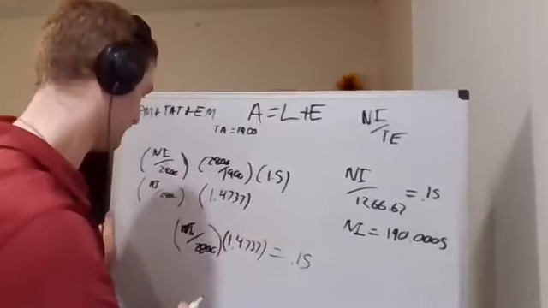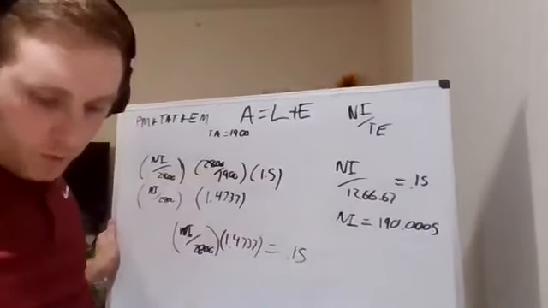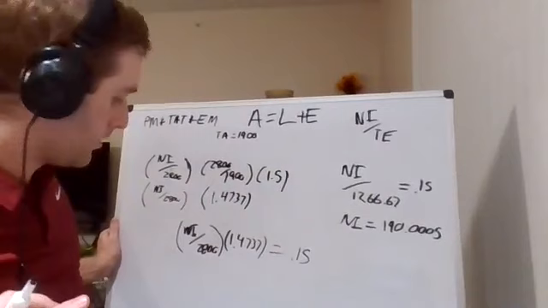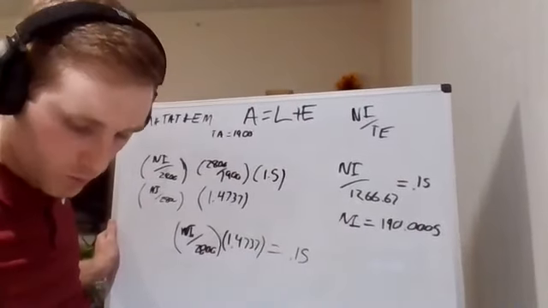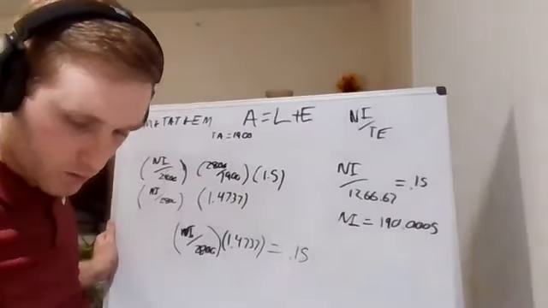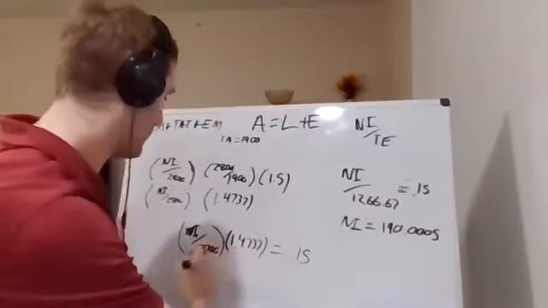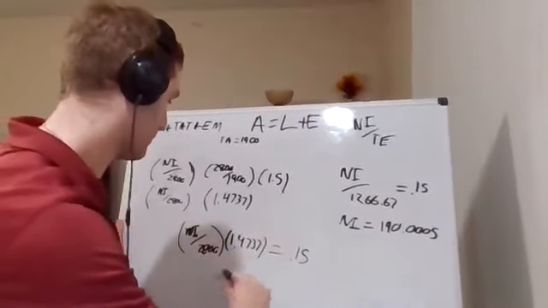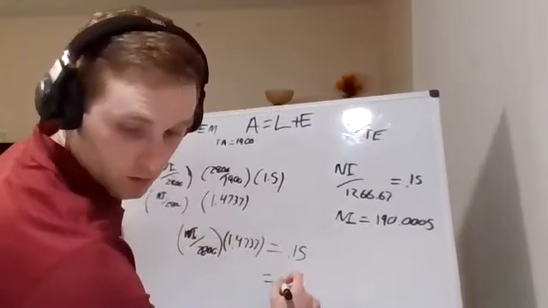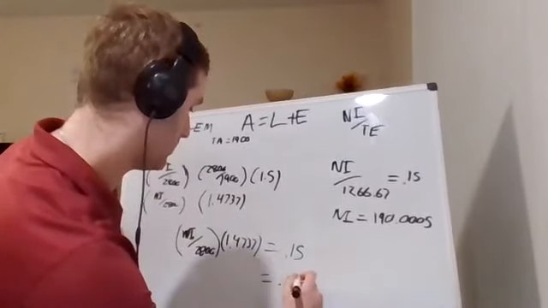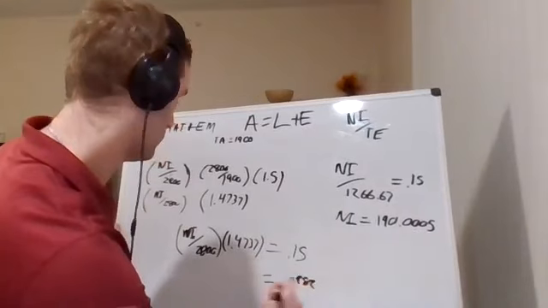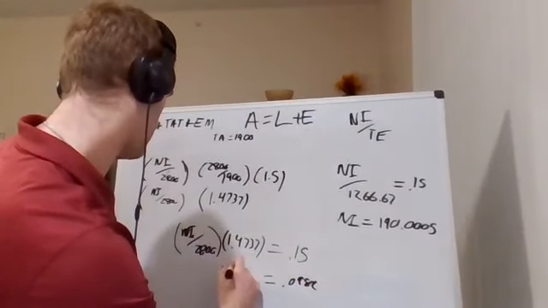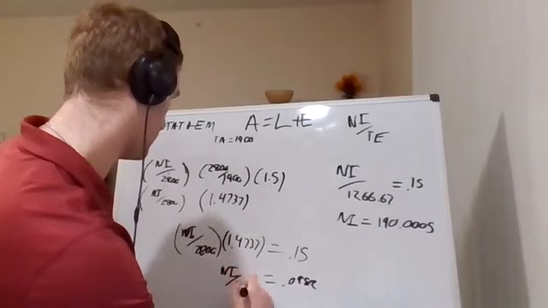All right, so let's see what happens when we do that, because I got to divide these multiplications. So when I divide these sides both by this, I get 0.0982. And I have this NI, that's more like it, over 2,800.